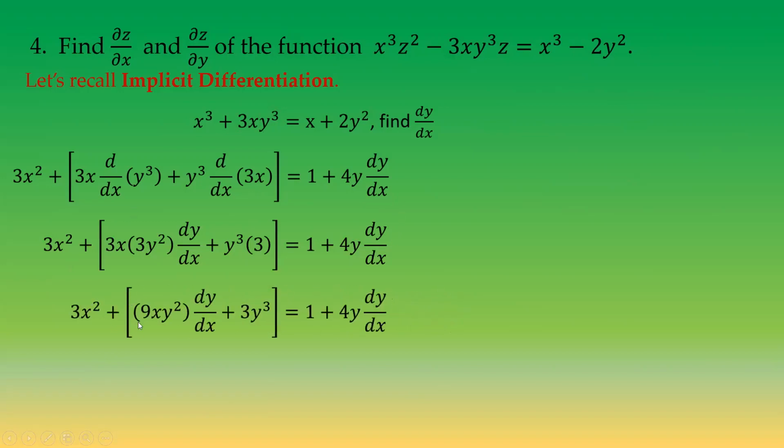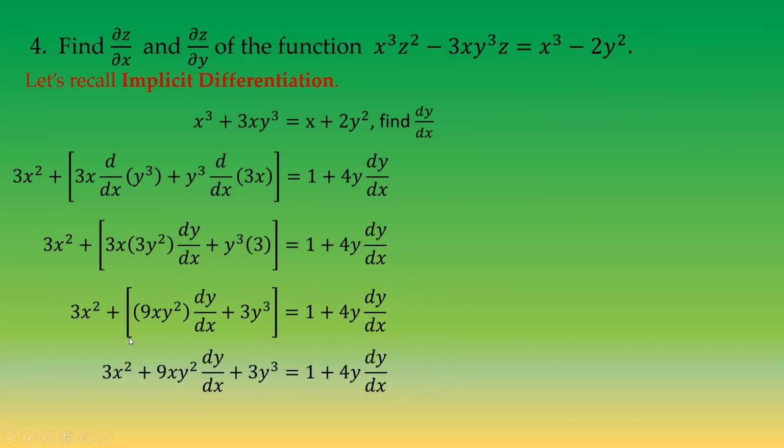Then we will have 3x squared plus, multiply ito, magiging 9xy squared dy over dx plus, ito rin, multiply 3y cubed equals 1 plus 4y dy over dx.